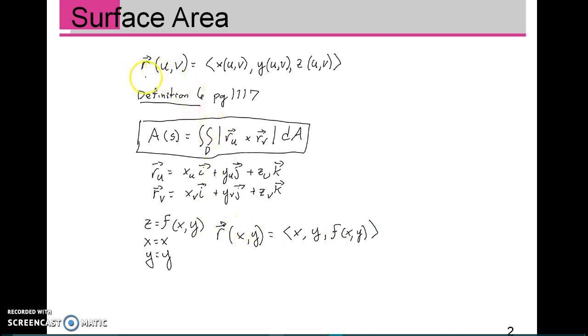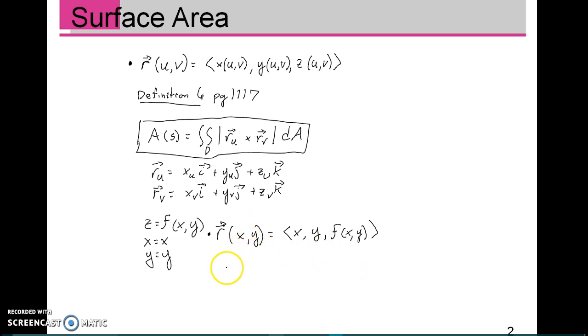So you see the difference here in our original parametrization of the surface and the parametrization of this graph f of x, y. So now that we have this, and again, this is just a special case, right? We're doing basically the same thing, but this becomes a little bit simpler once we have that graph.